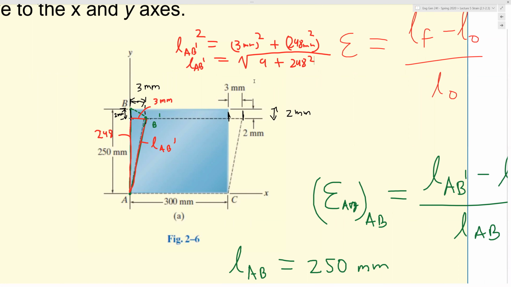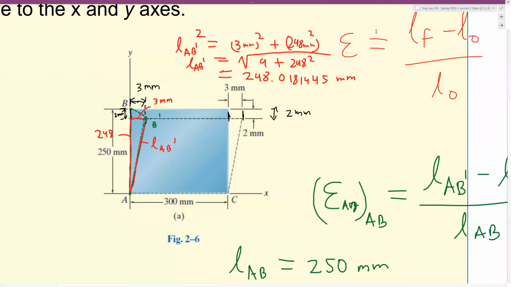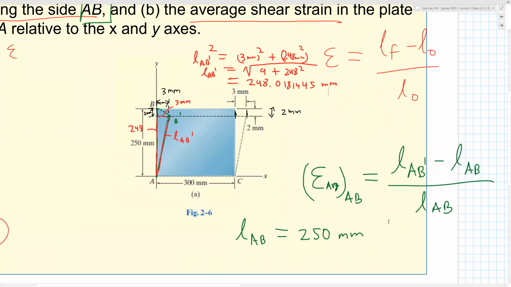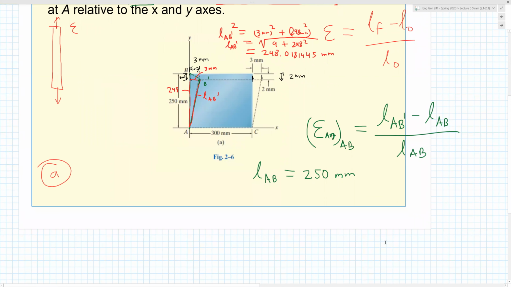In the final answer, make sure you put it as 3 sig figs, okay? So we're getting 248.0181445 millimeters. Notice how it's actually shorter than the 250. All we have to do now is plug it in. That's it, we're pretty much done.